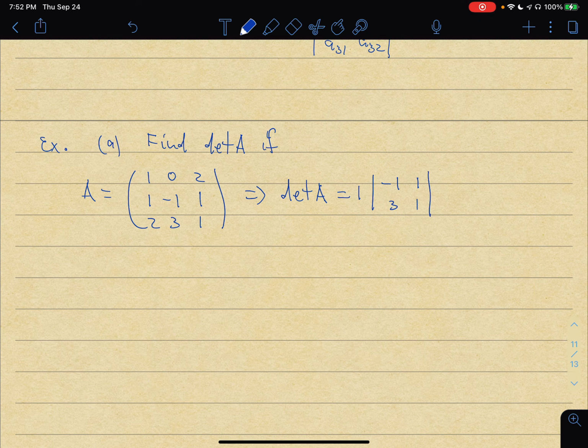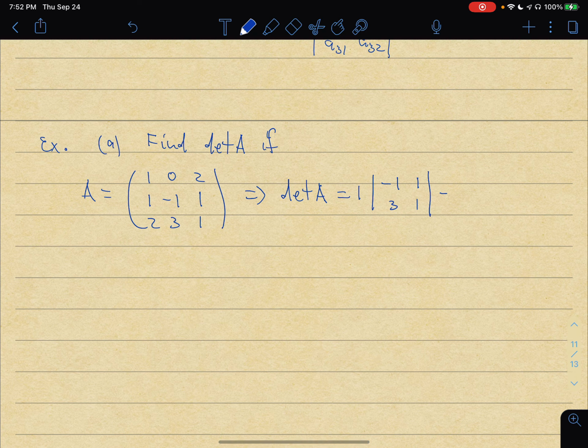Then you have 0 times the remaining determinant, but because it's 0, I don't care what the determinant is because I'll be multiplying it by 0. And then I have 2, and 2 needs to be multiplied by the determinant that remains once you cross out the first row and the last column.